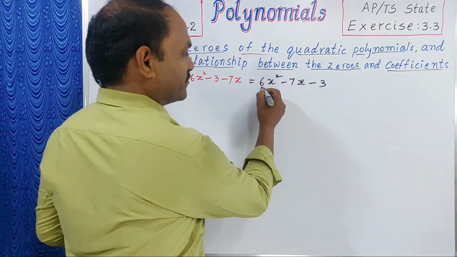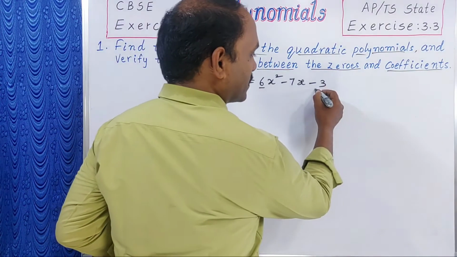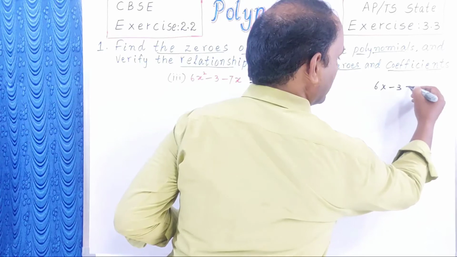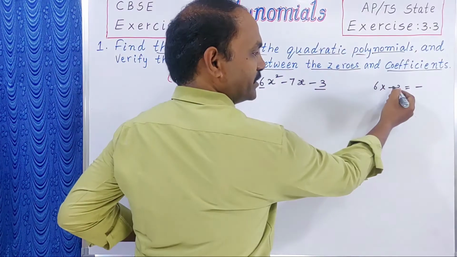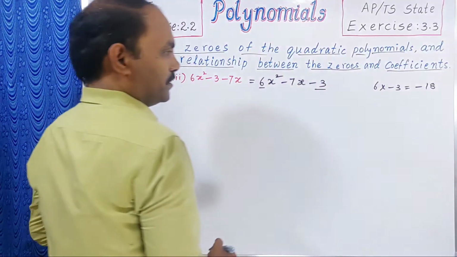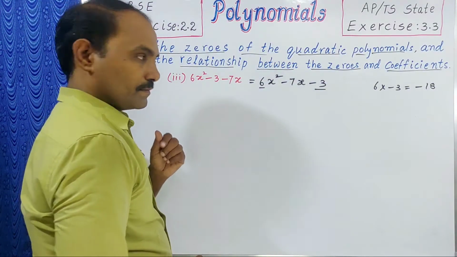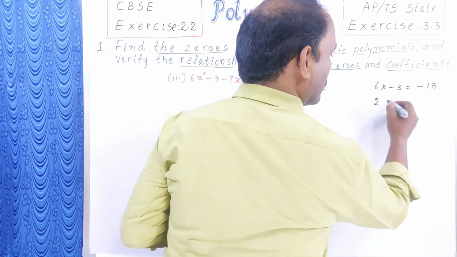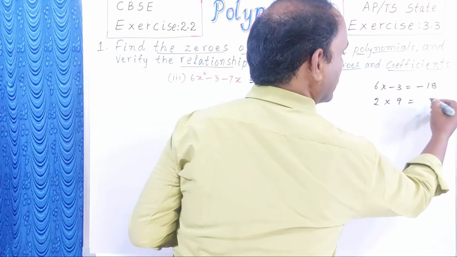Now check out first one, coefficient 6, constant term minus 3. 6 into minus 3, plus into minus, minus. 3 6 18. We need 7. So write the factors again. 2 9s 18.